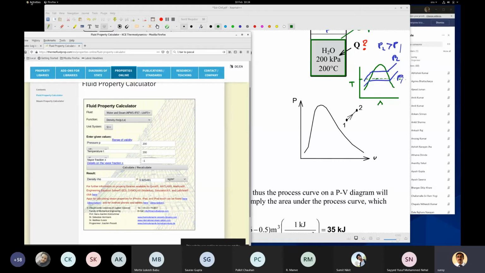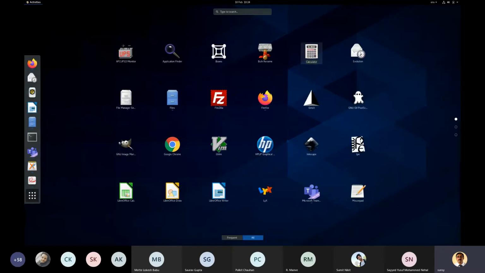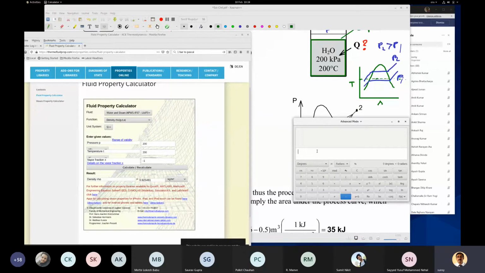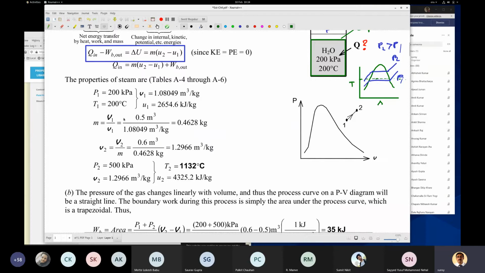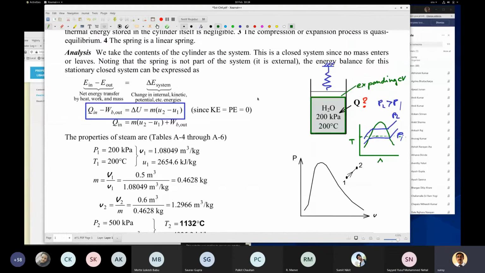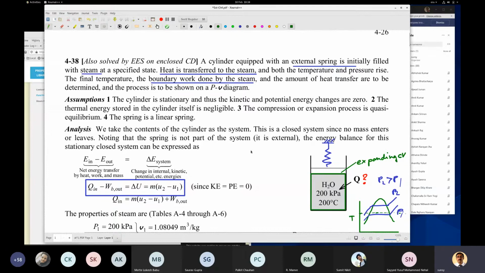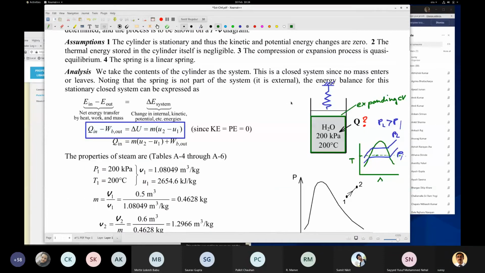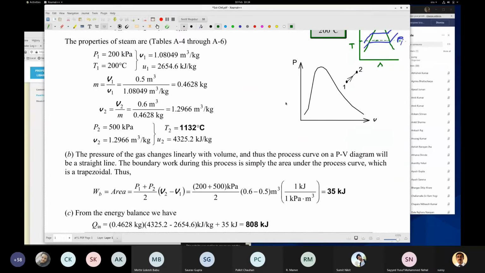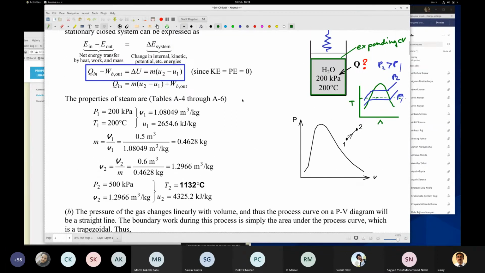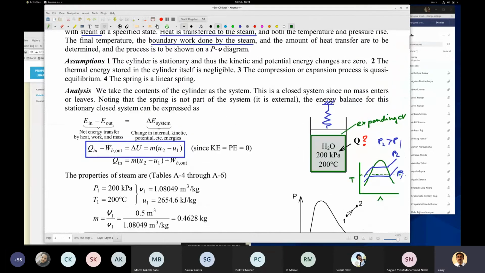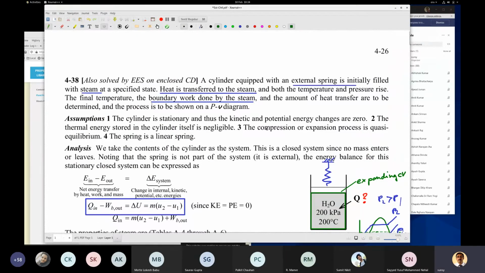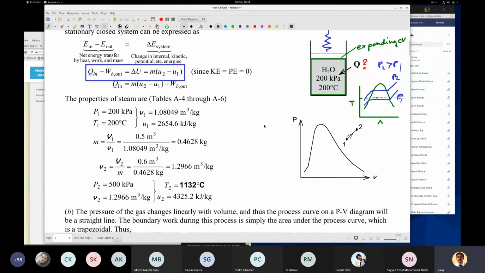If that is the density, so let us calculate the mass. The density is given, and the volume is 0.5 meter cube, which is the volume of the tank.